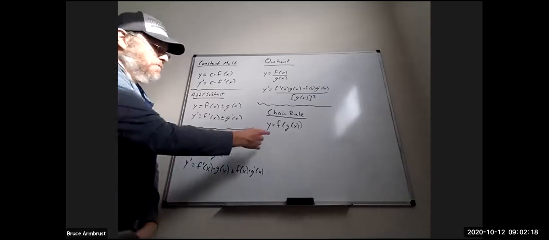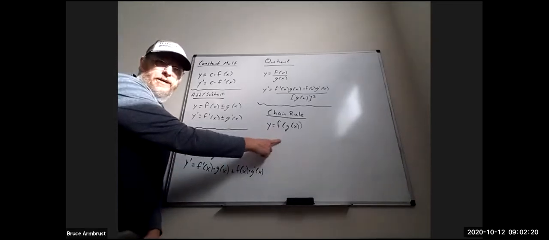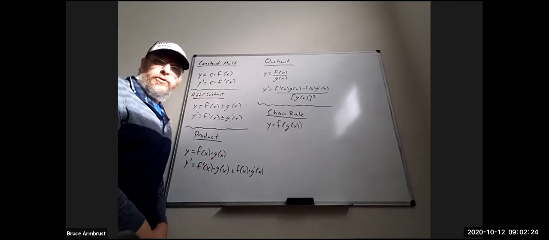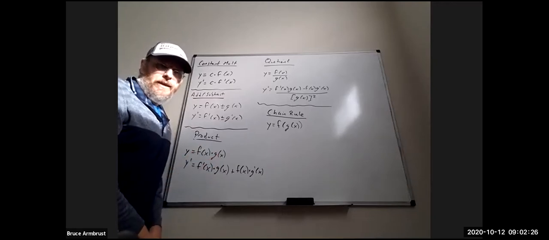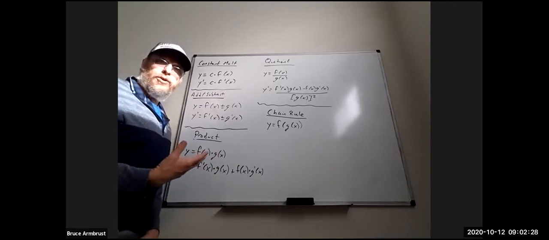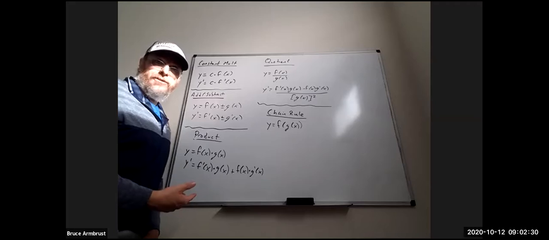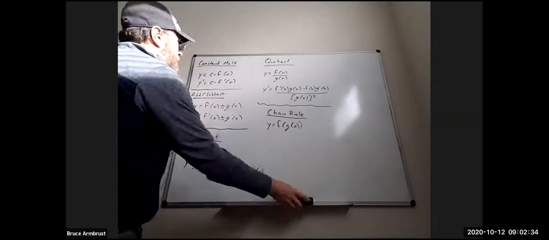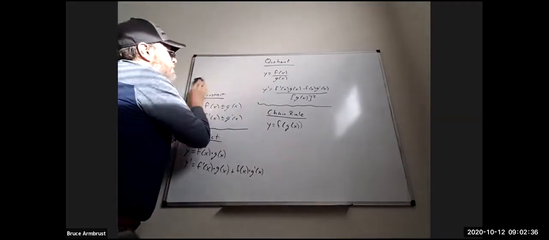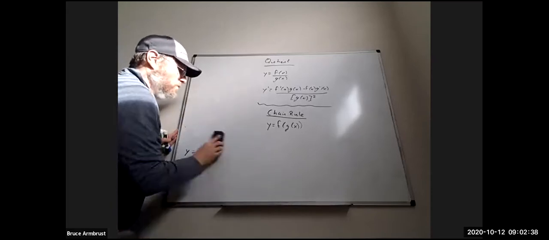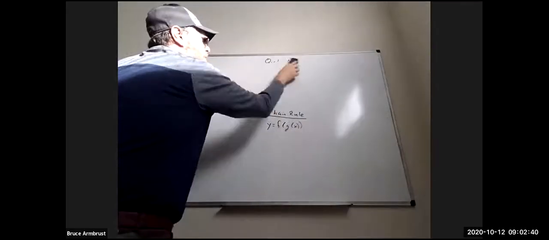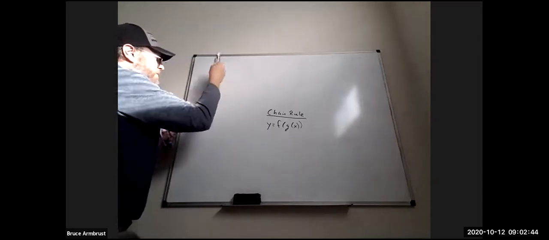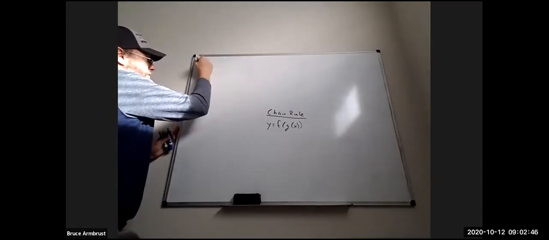All right, so we're going to fill in what goes here, but we're going to prove it. We're going to develop it. And just like all the other ones, we're going to go back to the limit definition. So let's see how this plays out. If I've got composition and I want to differentiate, I still want to do the exact same thing, right?